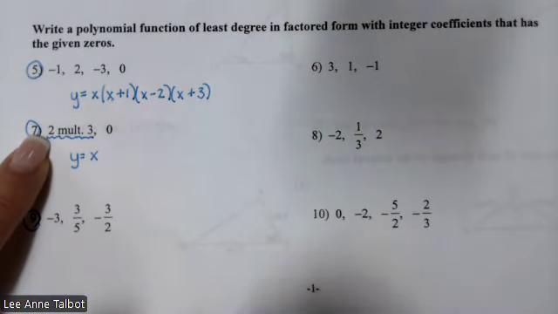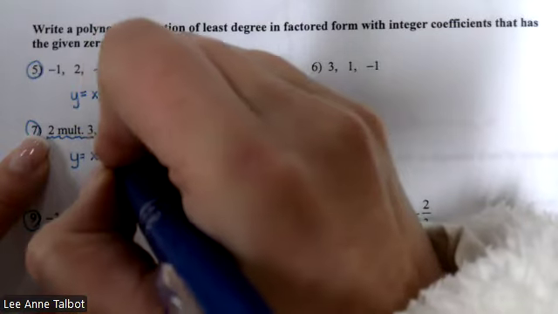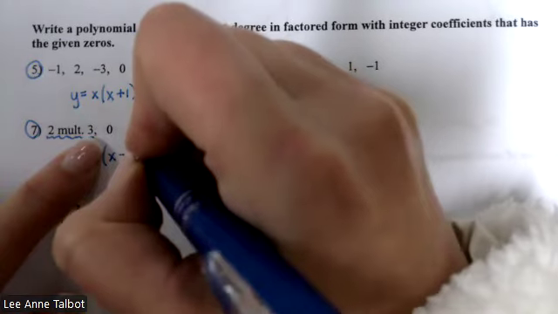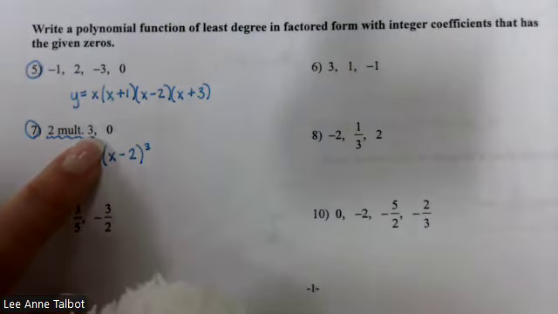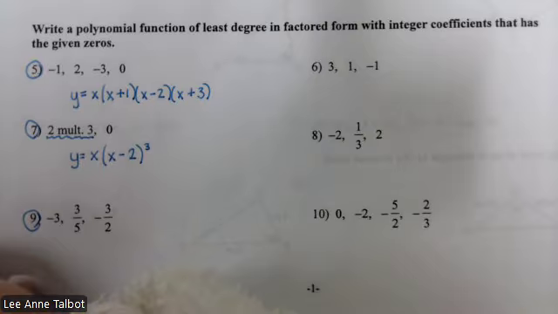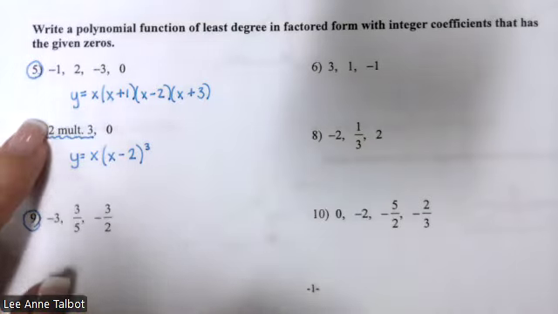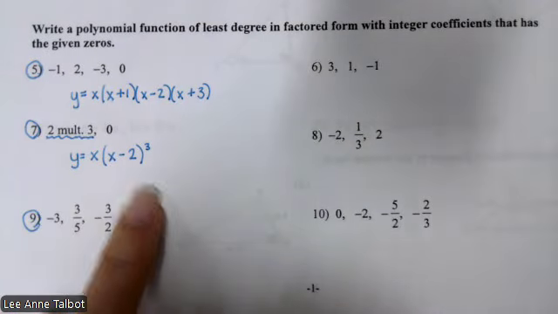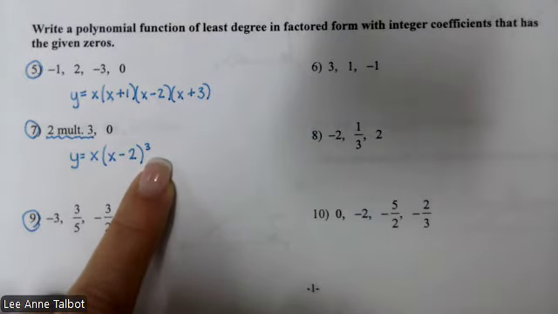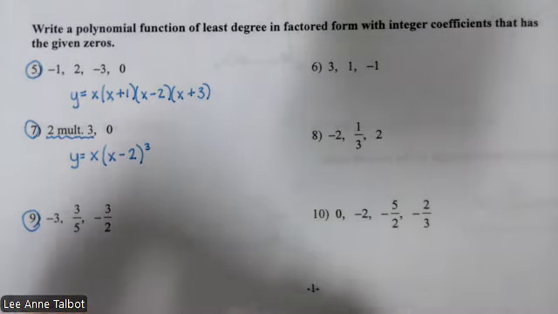So this is the number inside, and this is how many times that occurs. So 2 with multiplicity of 3 means it's 2, occurring 3 times.